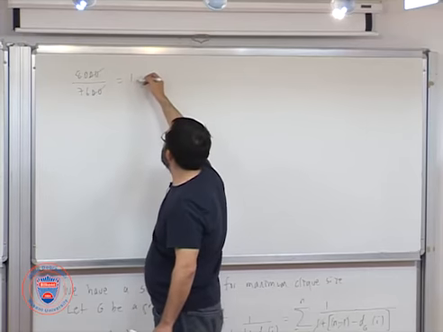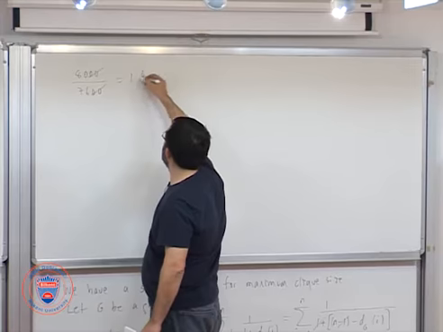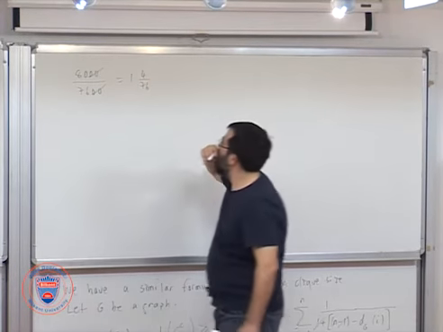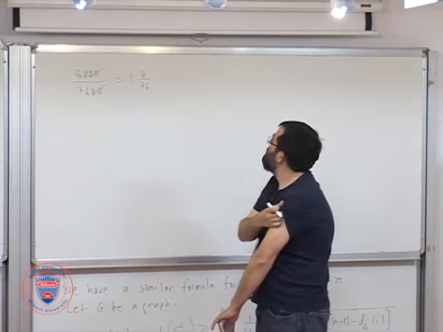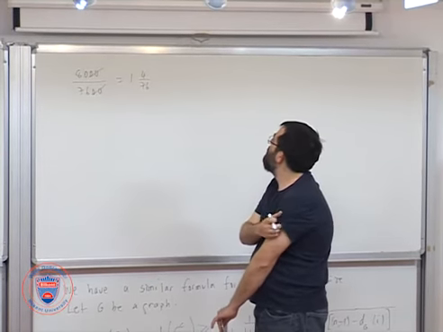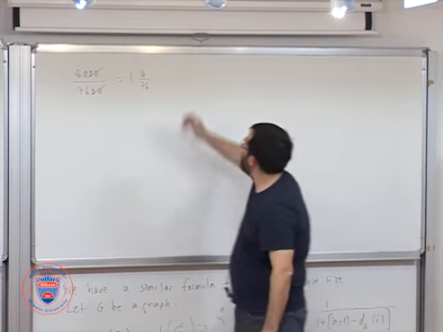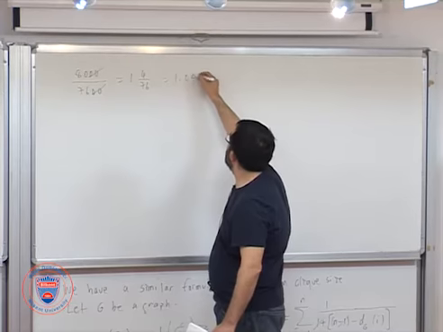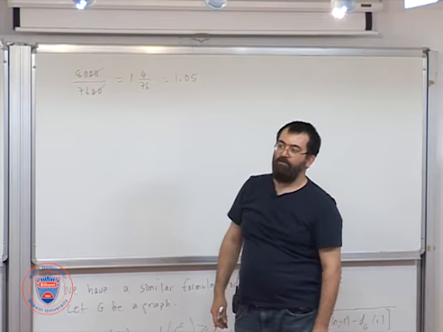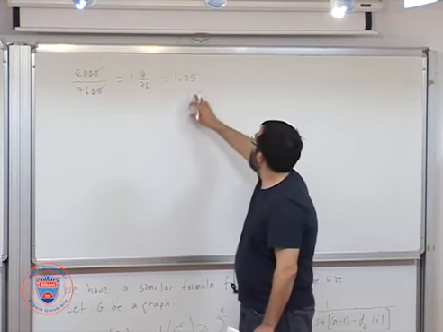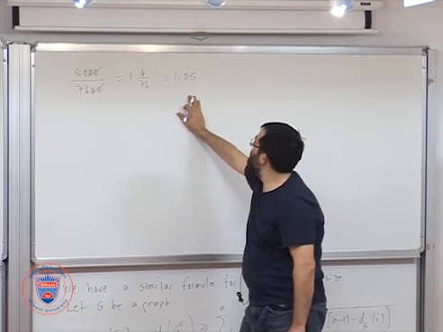So 1 divided by 4 over 76. What's the estimate for 4 over 76? It's 0.05. It's about 5% of 80, right? That means it only tells you that you have a clique of size 2.